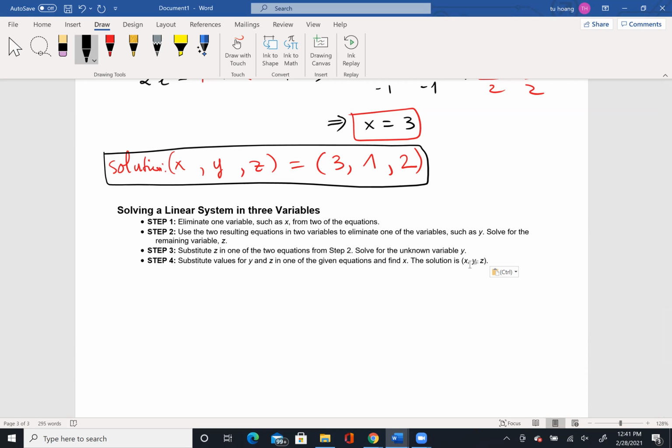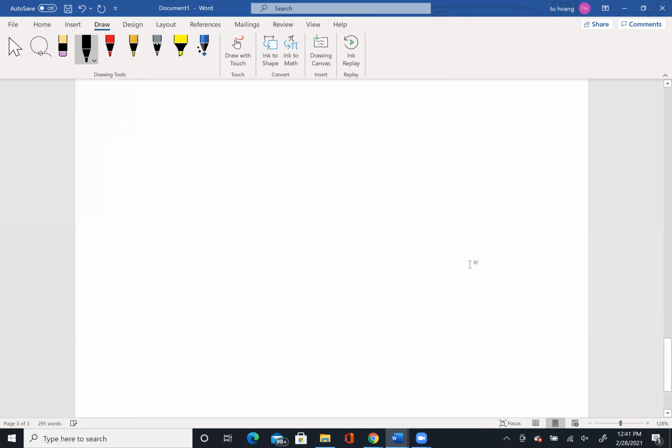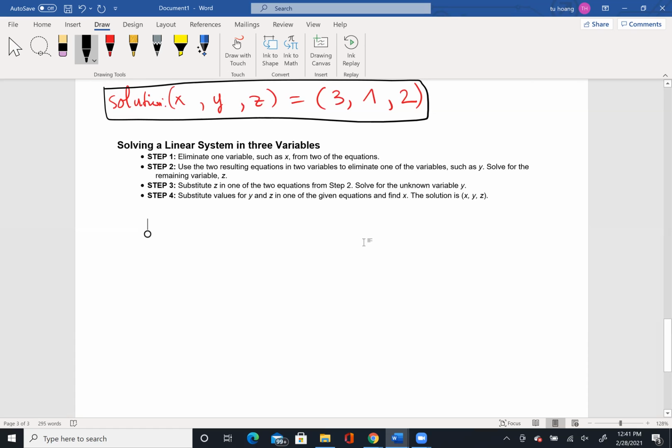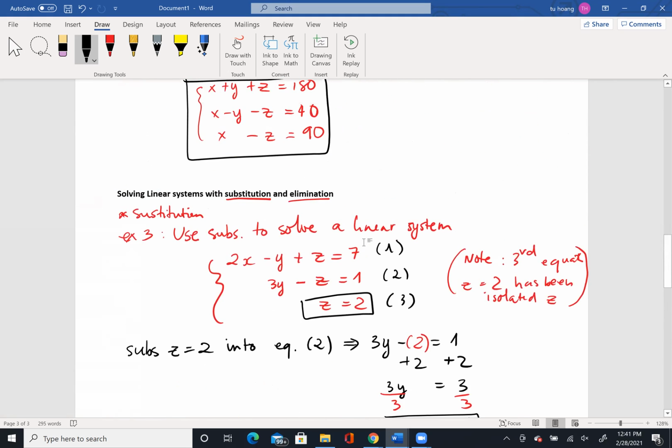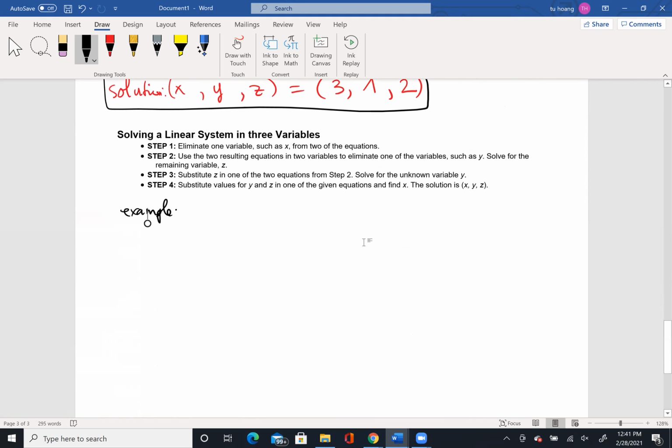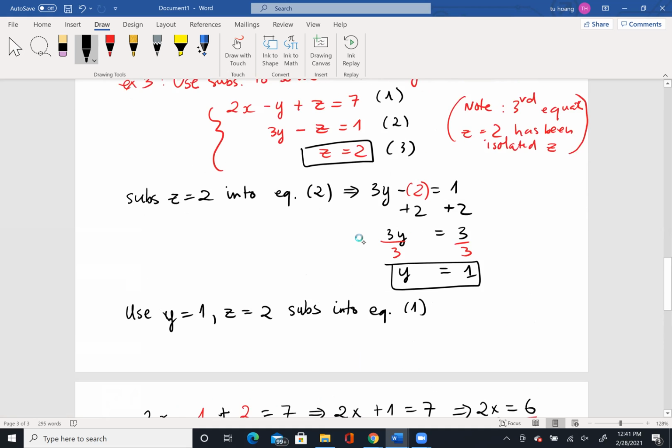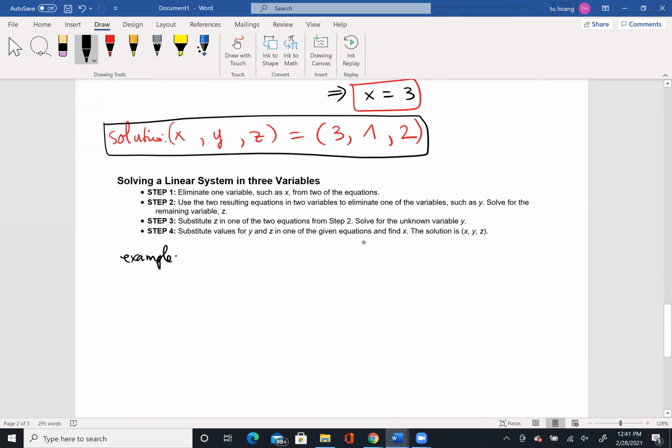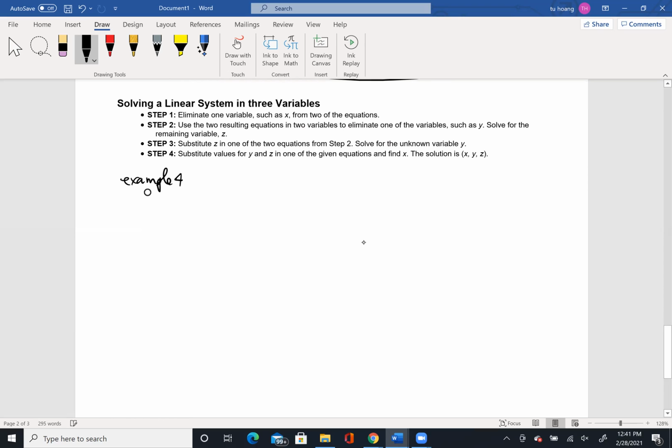So let's do an example and see how I can apply this. Example number 4.